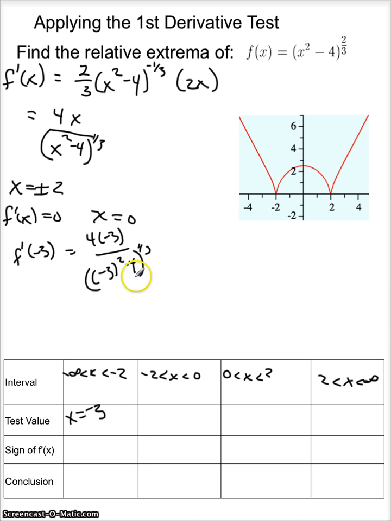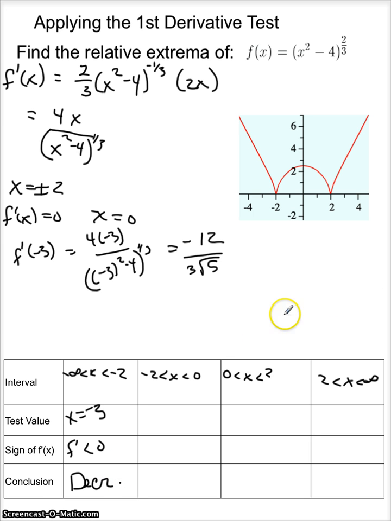So this is going to be negative 12 divided by the cubed root of 9 minus 4, and 9 minus 4 is 5. I don't want to figure out what this is, but I can tell you right now that the derivative is negative. So the conclusion is decreasing.